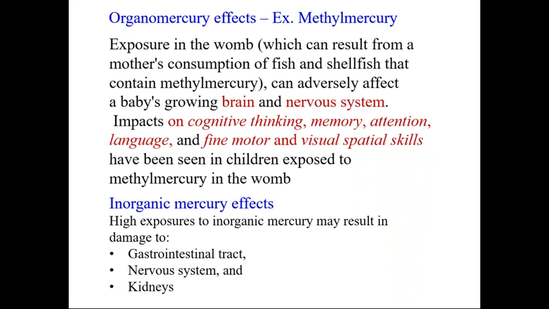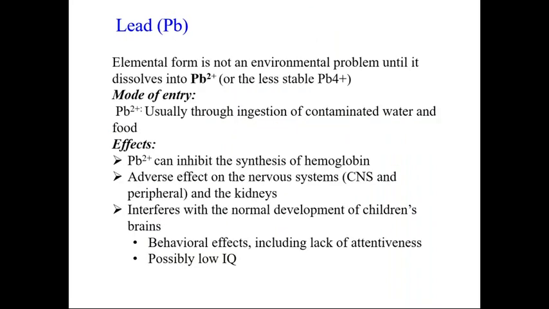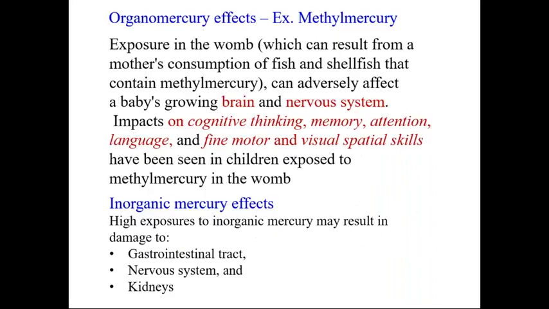So the thinking, attention, fine motor and visual skills are impaired, especially in children who are exposed to methyl mercury in the womb. Inorganic mercury can result in damage to the GI tract, nervous system, and kidneys. And among these, methyl mercury is the most toxic.